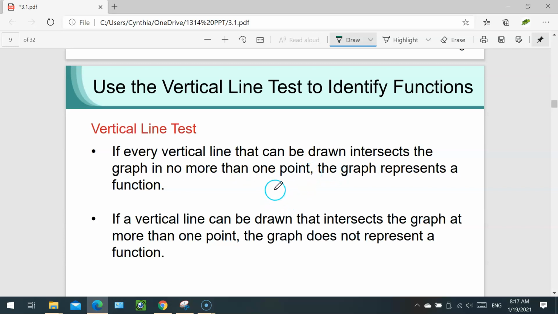If the vertical line passing through the graph, for example, if I have a graph with this direction, and when I go with the vertical line test, it intersects the graph at 2 points at a time, then in that case, this graph is not a function.